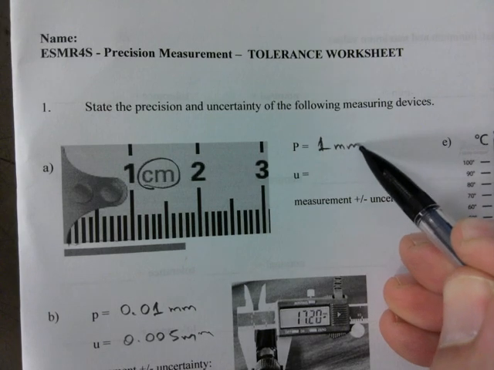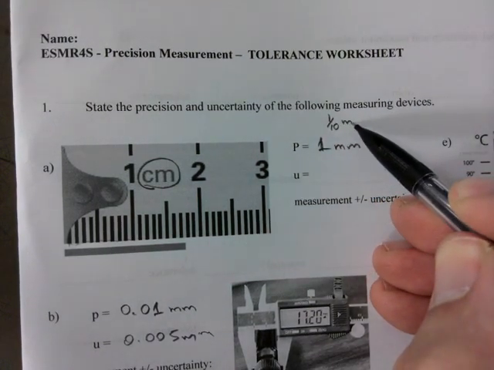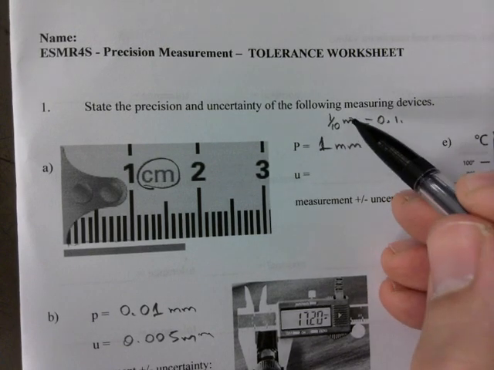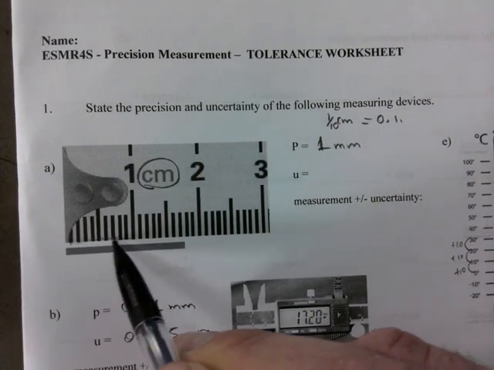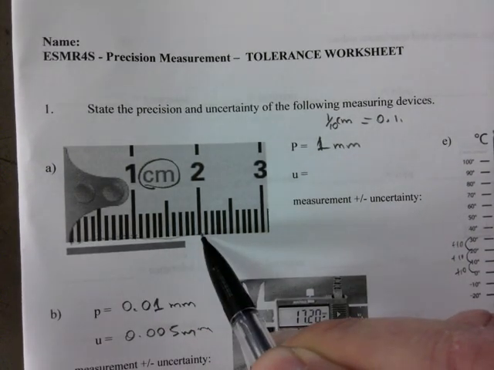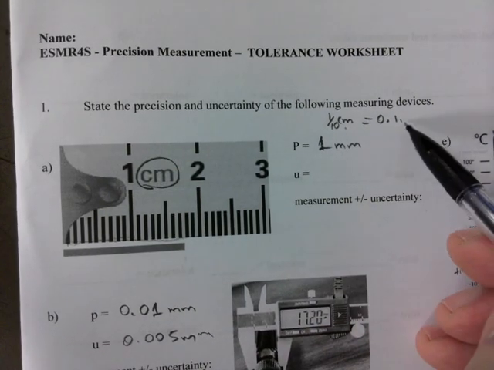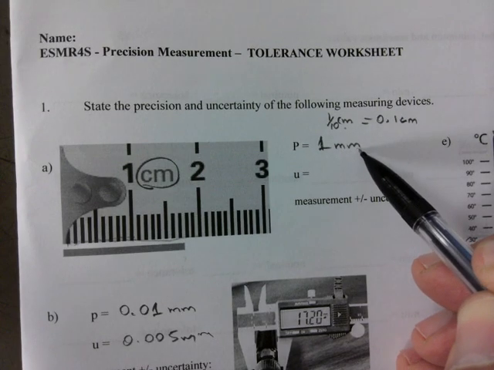You can also go 1/10 of a centimeter, which is 0.1 of a centimeter, because if you count, there are 10 ticks between 1 centimeter and the next. So it's 1/10 of a centimeter, which is 0.1 of a centimeter, which is really a millimeter.